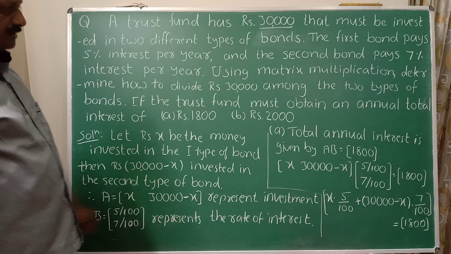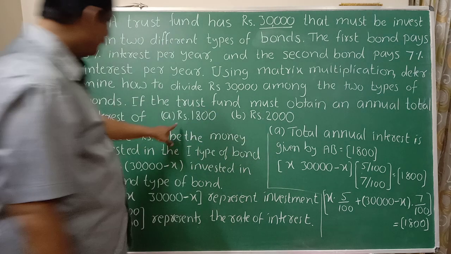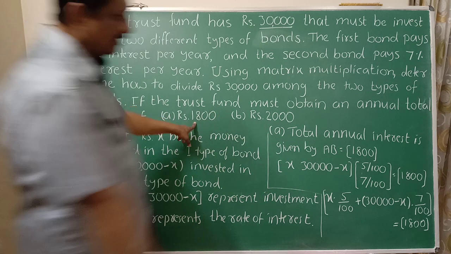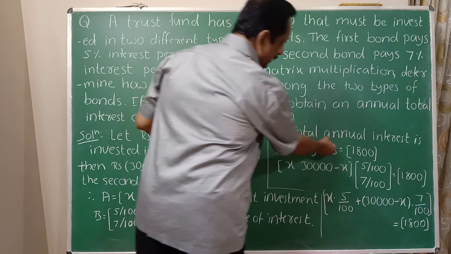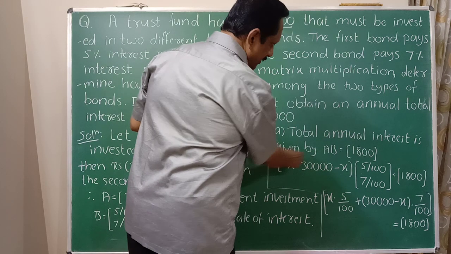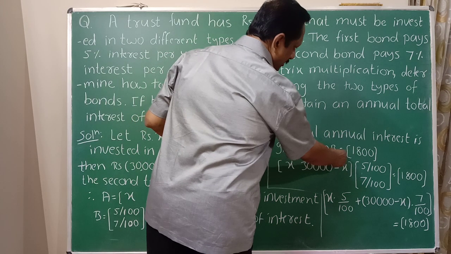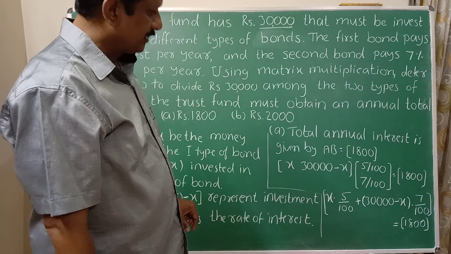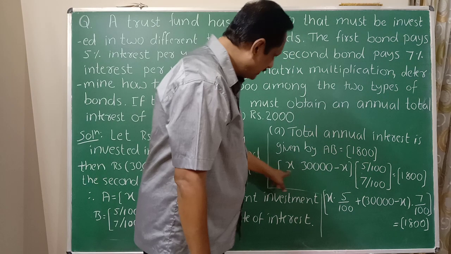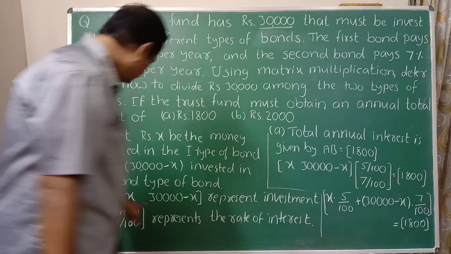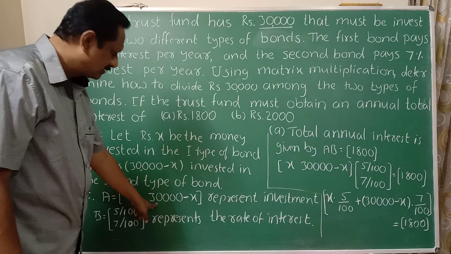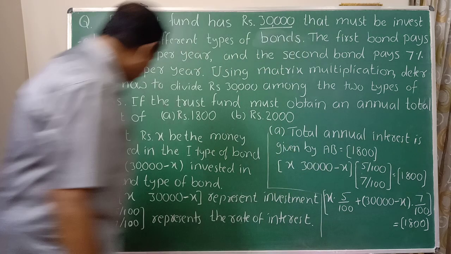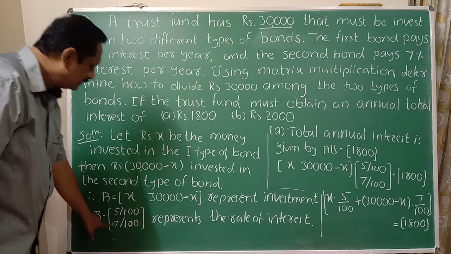Therefore the total annual interest is given by AB. Here we want a total annual interest of rupees 1,800, so AB is equal to 1,800. It is a 1 into 1 matrix. A is the row matrix [X, 30,000 minus X] and B is the column matrix [5 by 100, 7 upon 100].